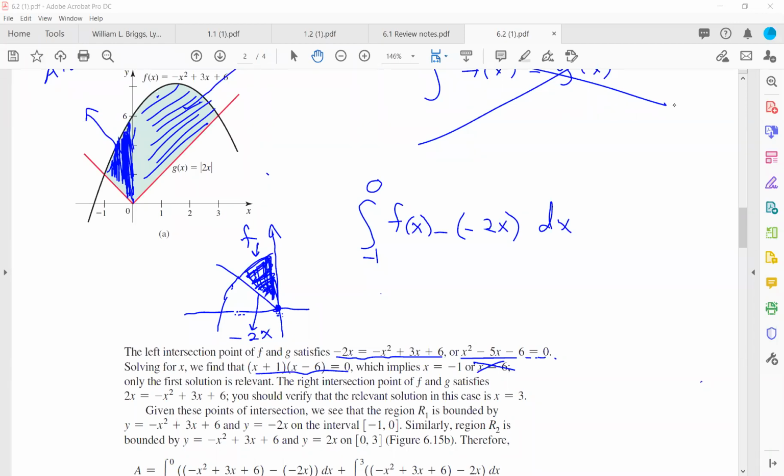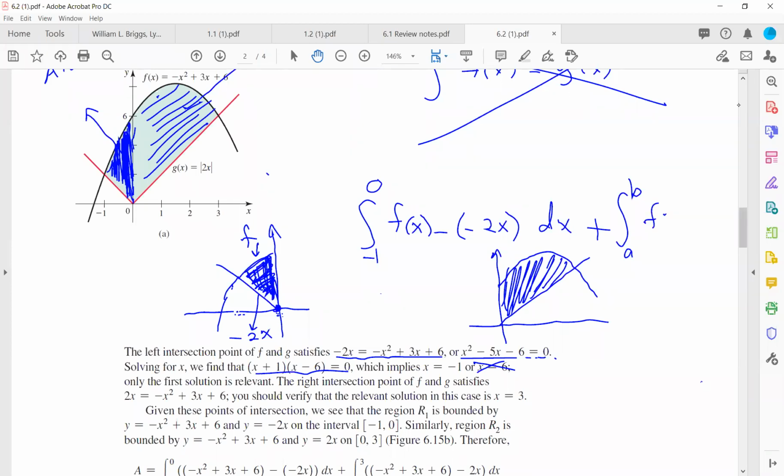Now you need to find the area on the right-hand side. On the right-hand side, you have this part of the graph and line 2x. So now you need to find this area: the integral from a to b of f minus function 2x dx.